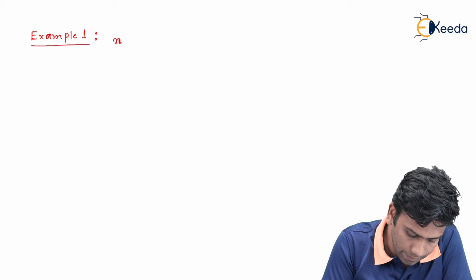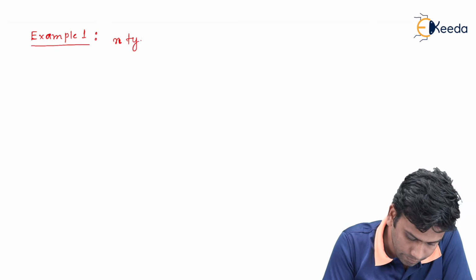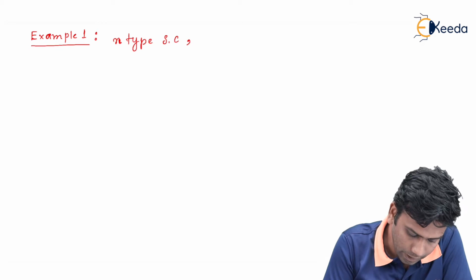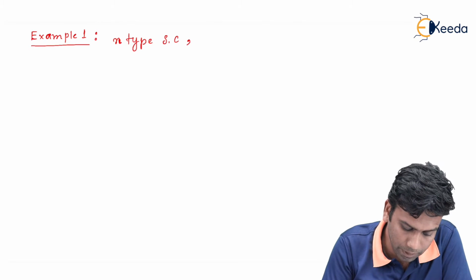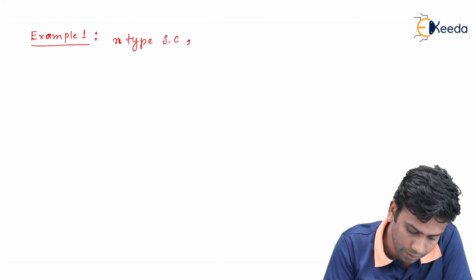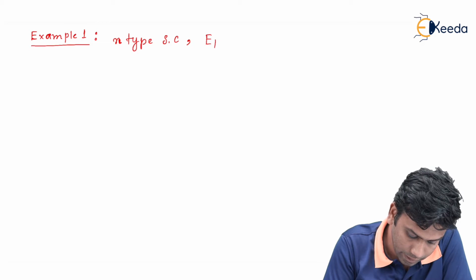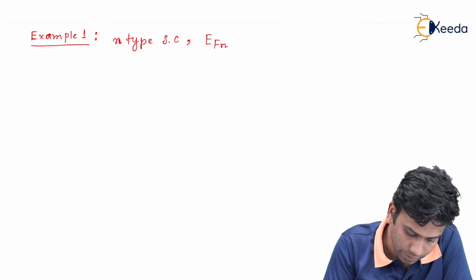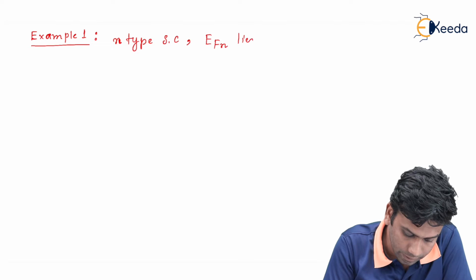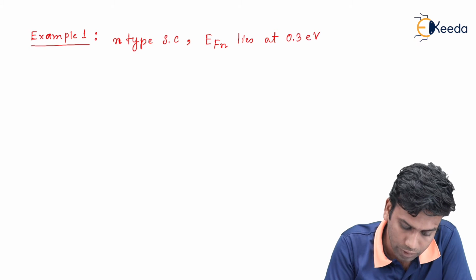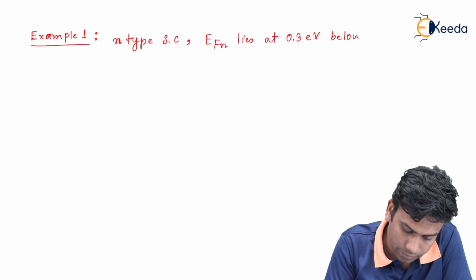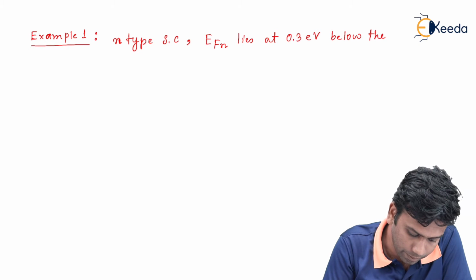There is an n-type semiconductor, and the Fermi level position of this n-type semiconductor, that is EFN, lies at 0.3 electron volt below the conduction band.